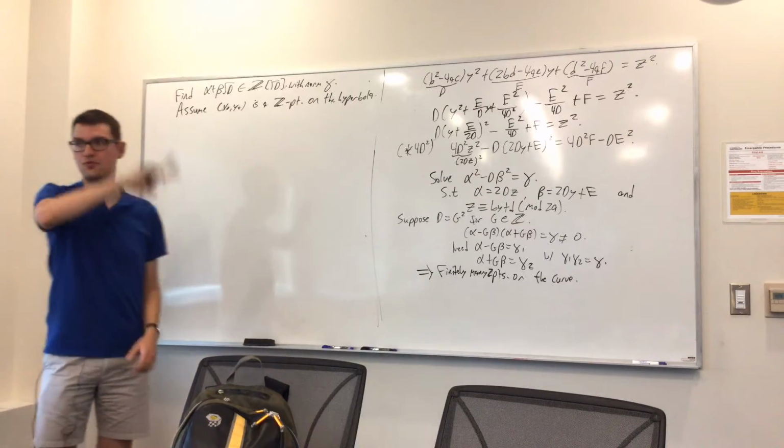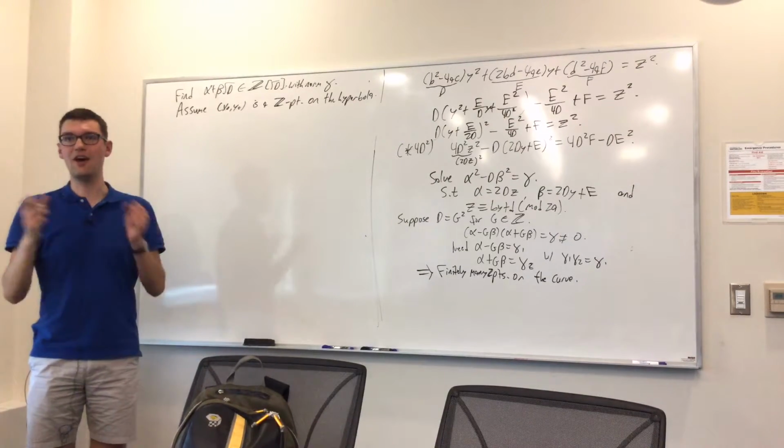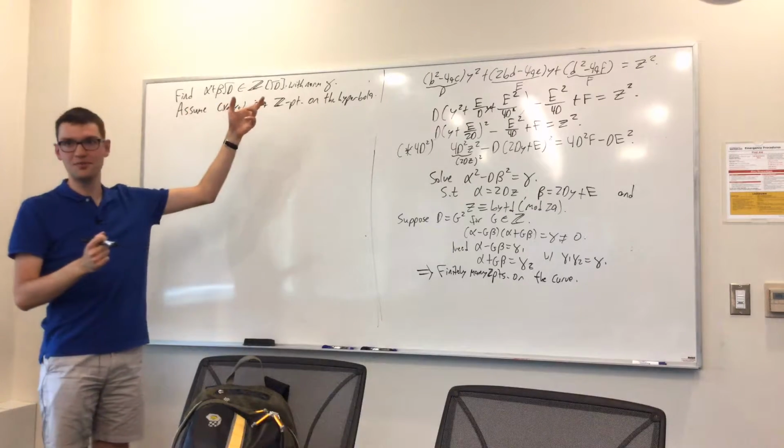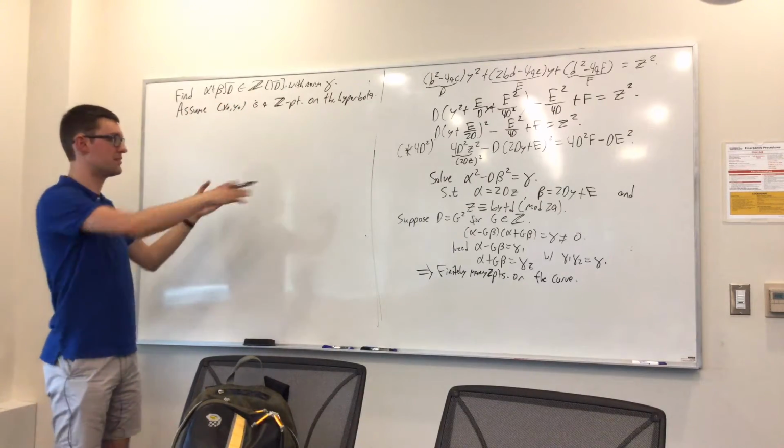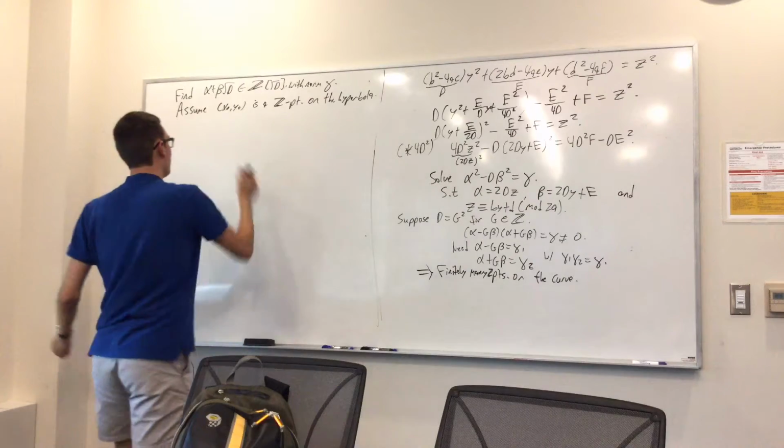All right, so tracking through all the work I did, this yields an alpha naught, beta naught that has norm gamma and satisfies that heap of conditions that I've thrown at it.